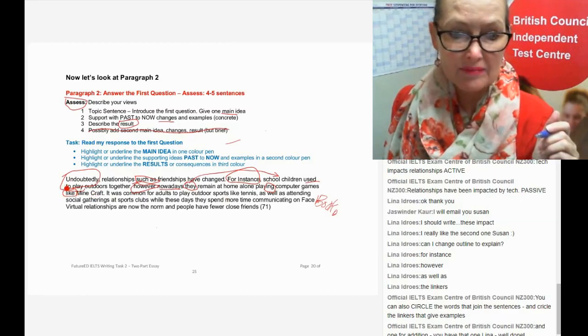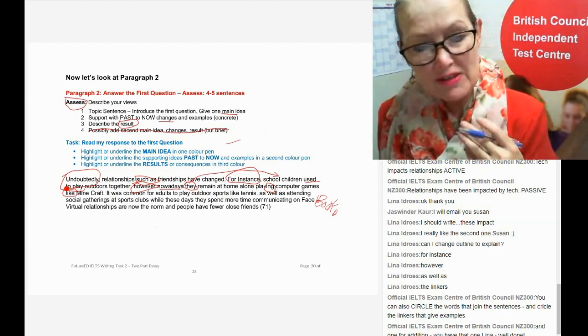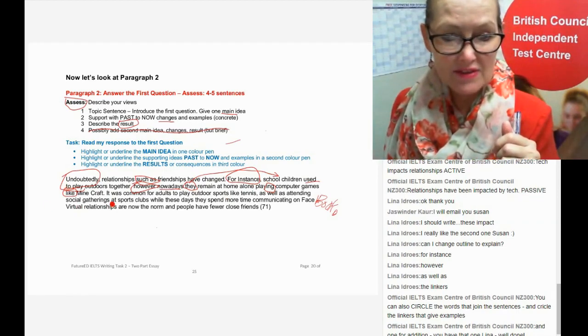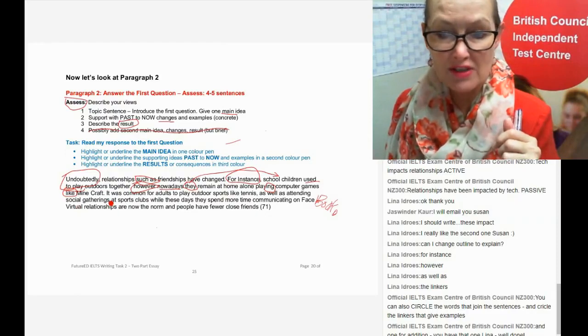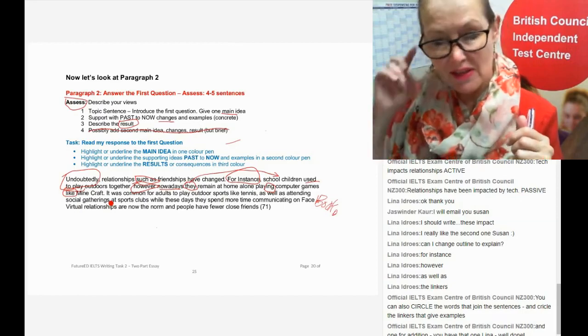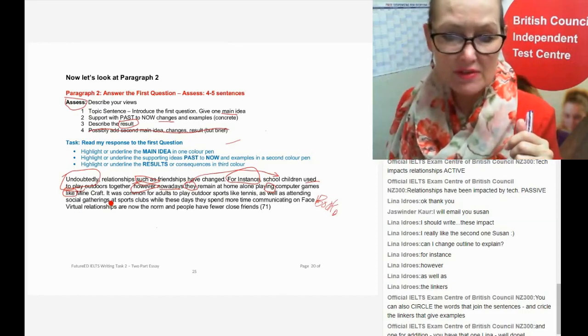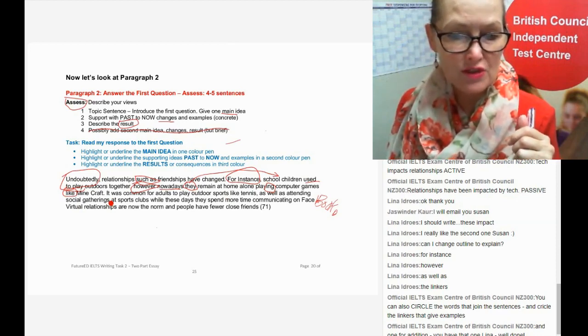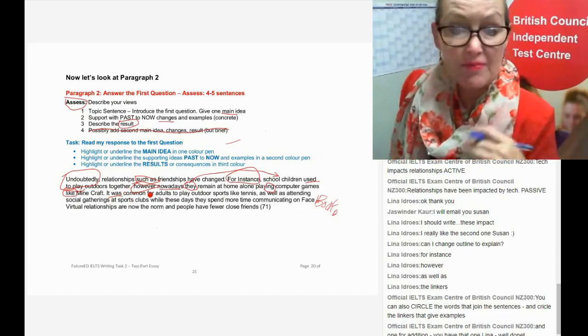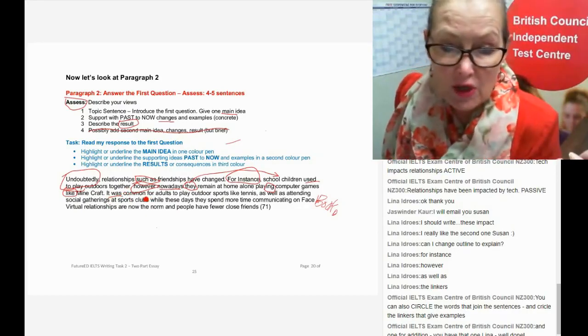There's my linker, joining those two sentences, however, and it gives me the opposite meaning, and then nowadays. So I've gone from my past, used to, to present, nowadays. They, this is this little word that refers back to the children, doesn't it? I don't have to say the school children remain at home. I just say they remain at home alone.